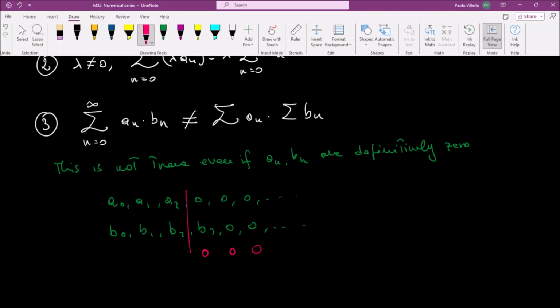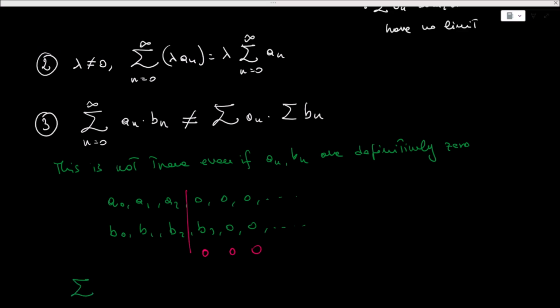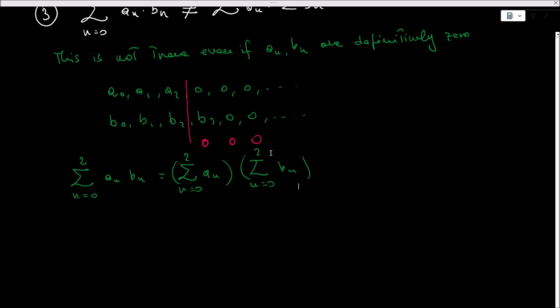we cannot say that the sum for n that goes from 0 to 2 of an bn is equal to the sum as n goes from 0 to 2 of an times the sum as n goes from 0 to 2 of bn. This would be false. In fact, this is not even true if we stop at 1.